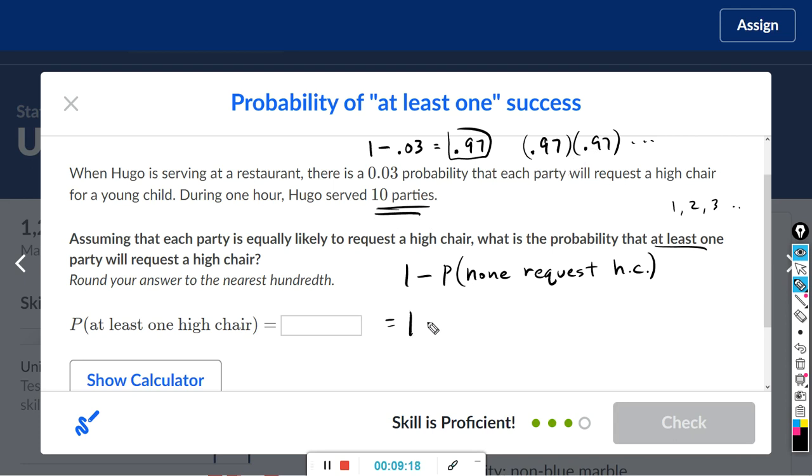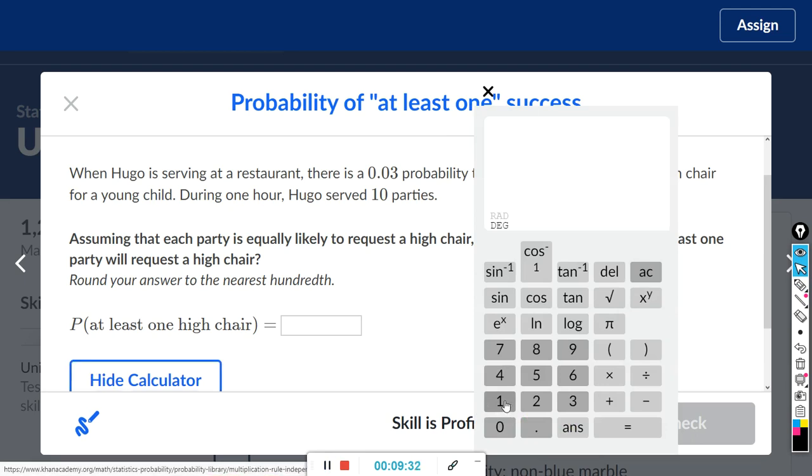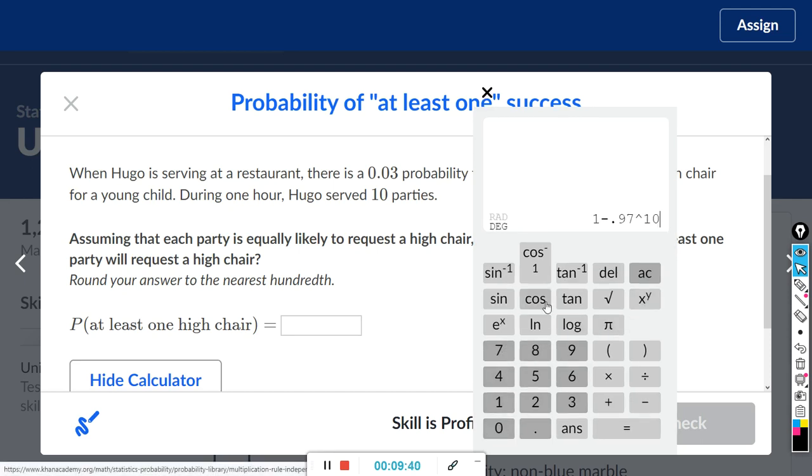So it's going to be 1 minus 0.97 to the 10th power. So we need the calculator. So I'm going to do 1 minus 0.97. Here's the exponent button, to the 10th power. 1 minus 0.97 to the 10th.